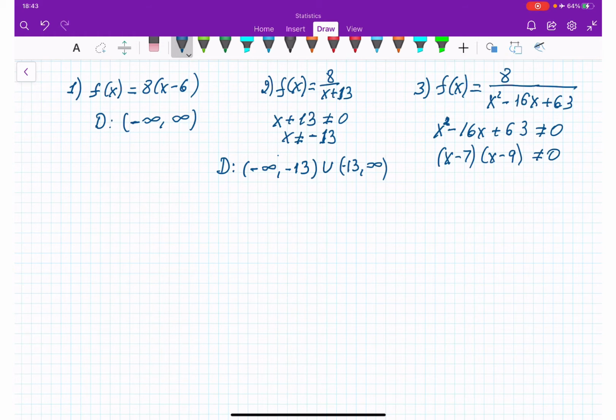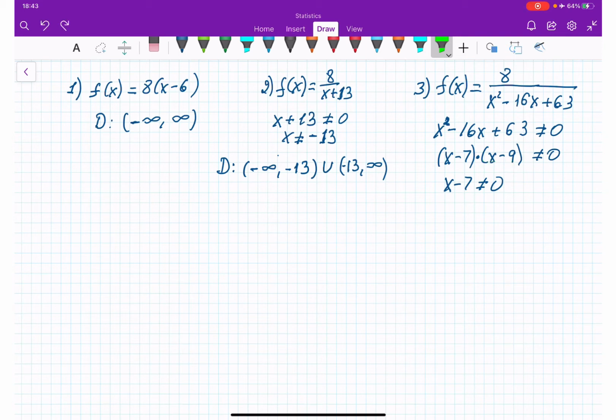So from here, since it cannot be 0, that means either x minus 7 cannot be equal to 0, because we have multiplication. Either this first term cannot be equal to 0, or the second term cannot be equal to 0, okay?